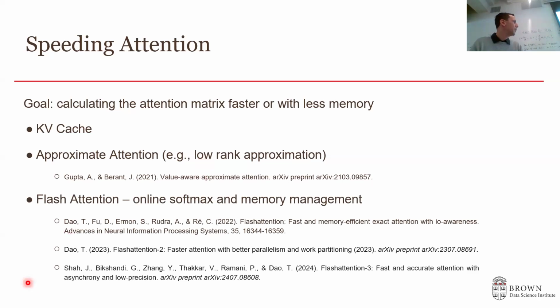And a very famous method called flash attention actually prevents the materialization of the matrices into memory. That means that when we do matrix multiplication, instead of uploading the entire matrices to memory, we use something called online softmax. That means incrementally calculating softmax and only uploading to memory block by block of the attention matrix.